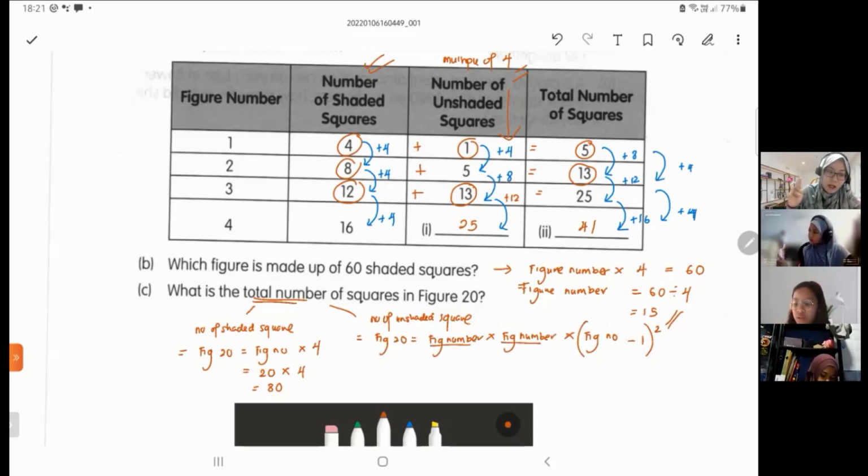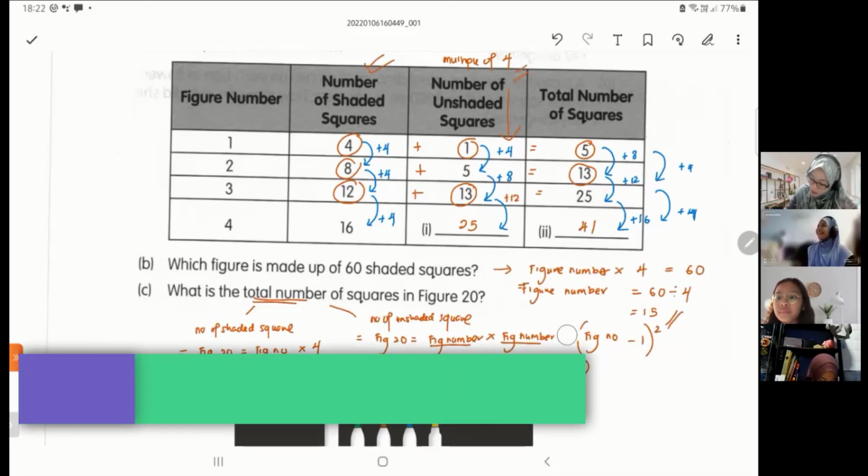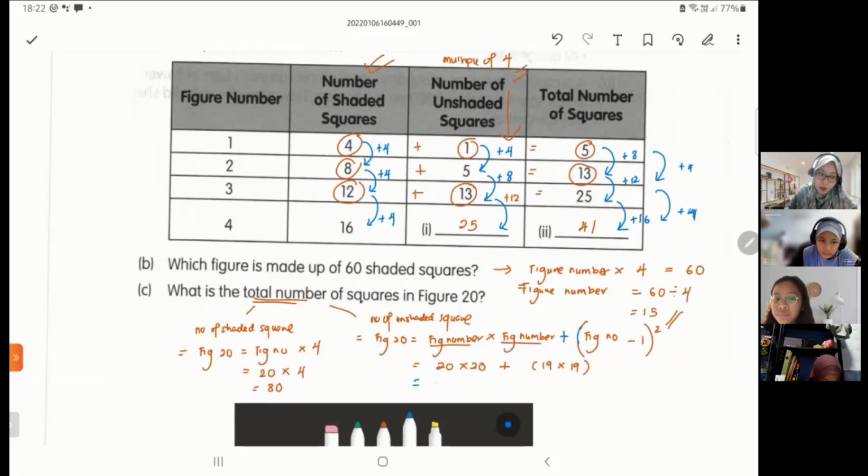Squared means times the same thing. Equals to 20 times 20, and then you plus 19 times 19. Equals to 20 times 20 plus 19 times 19, you're going to get 761. So the total number of squares, you just add up 80 plus 761, and then you're going to get your answer 841. Total number of squares for part C. Okay.